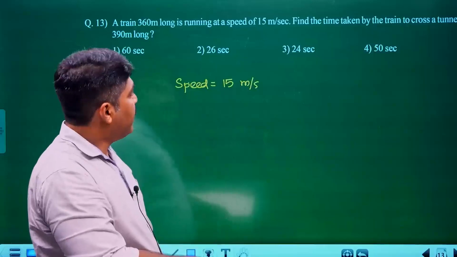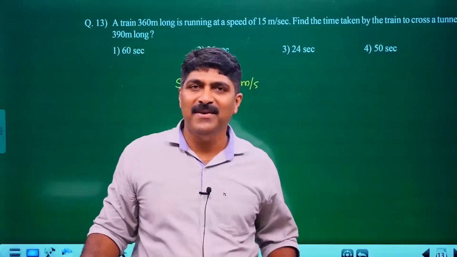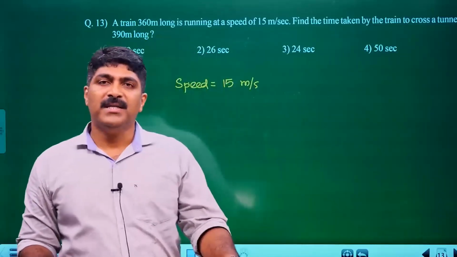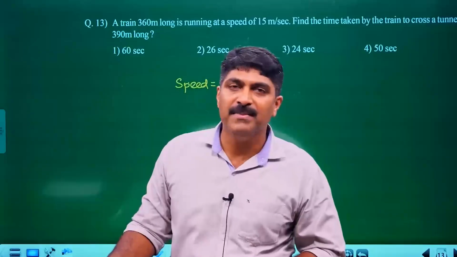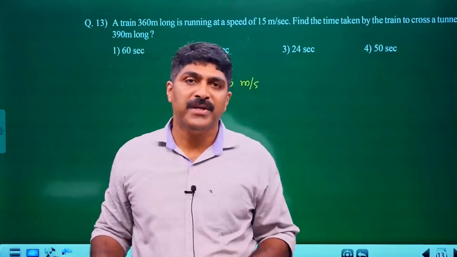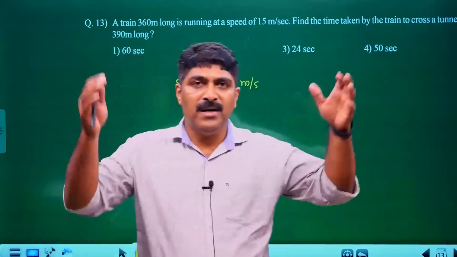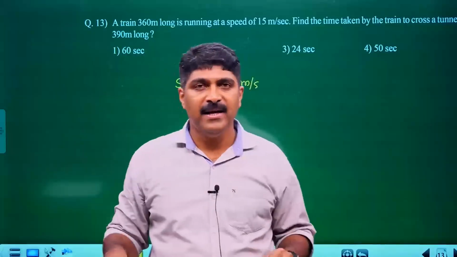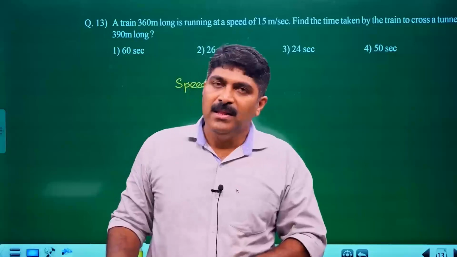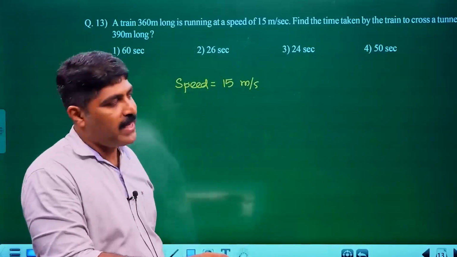While we are considering the speed in meters per second, that's a convenient situation. Otherwise, if the speed is in kilometer per hour format, first you have to convert it into meters per second, because the length of the train and the length of the tunnel are in meters. Therefore, the corresponding measure of speed is meters per second.